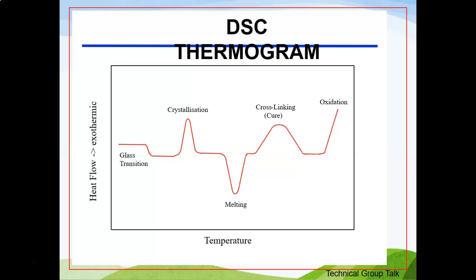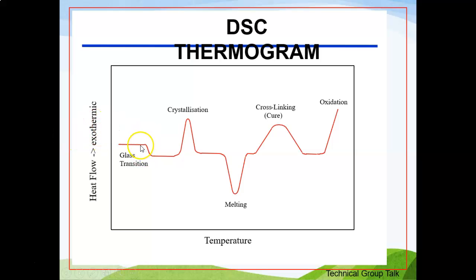This one is the DSC thermogram. As we can see here, the first feature that appears on the graph is the glass transition, which is TG, and the TG is at the center of the decline. This one is the exothermic reaction, which is where heat is released.